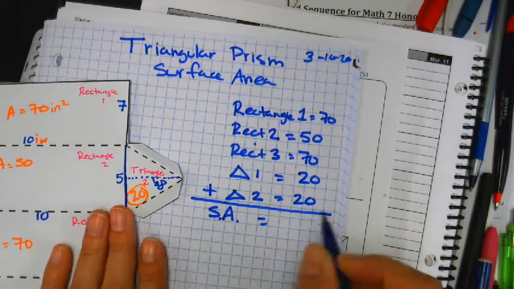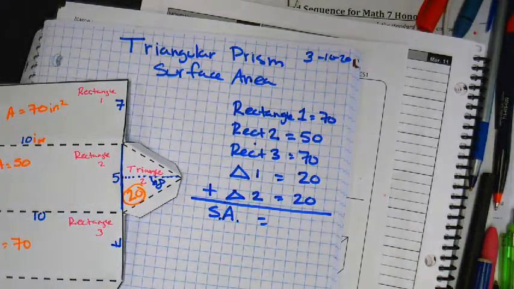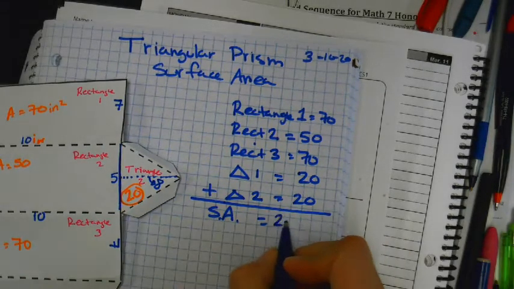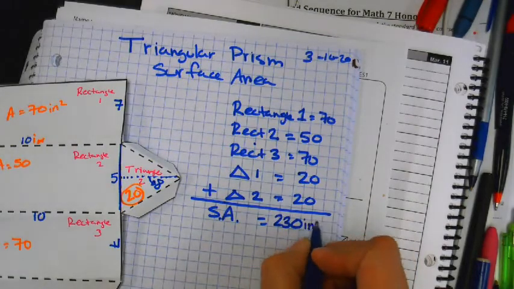Surface area equals 130? 230? 230 inches squared.